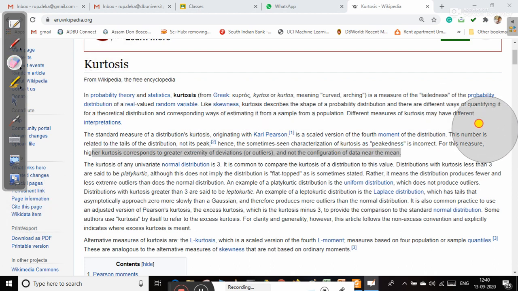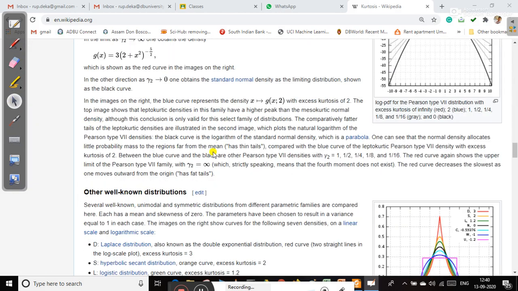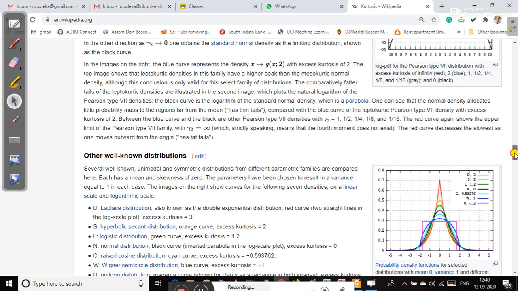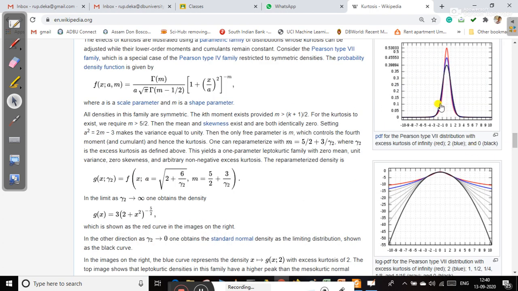Okay, again I am showing the diagram. Here you can see two diagrams. Here this is a high peak, this is a middle peak, this is a lower peak. People might discuss that as the kurtosis value, but actually you can see the difference here.